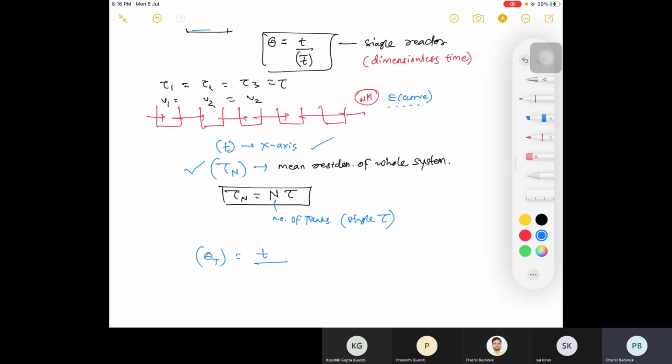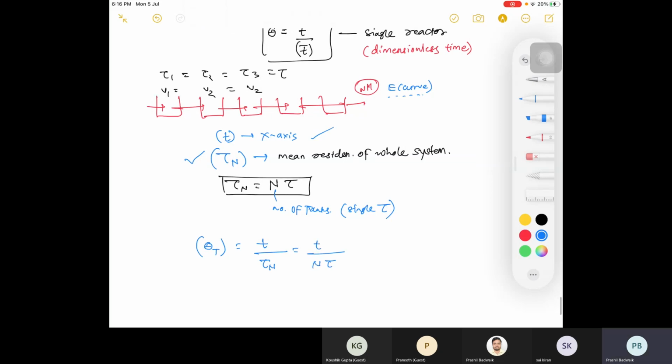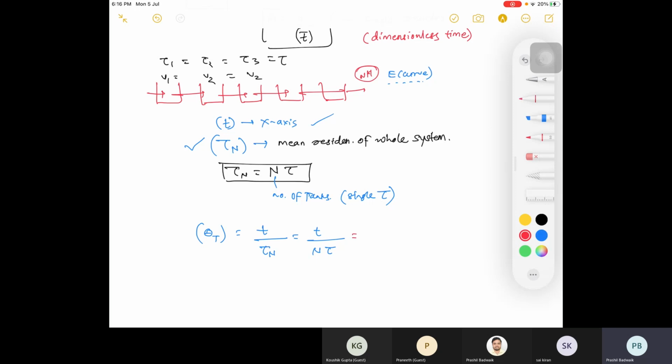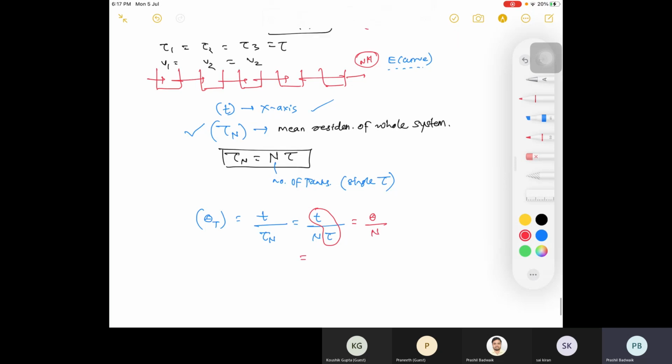It should be the whole system, so that is your tau n. What is tau n then? T divided by n into tau. Now you can represent it in a different form. T by tau is your theta, so theta divided by n.